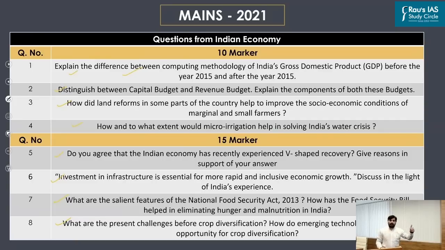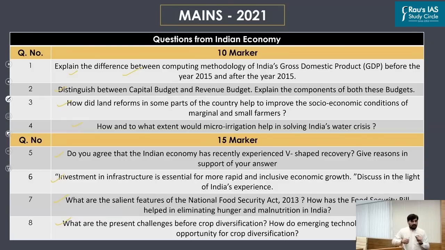Coming to the first type of questions, that is the questions which are directly asked from the core part of your syllabus, that is the syllabus mentioned in GS paper 3. See, when UPSC mentions the syllabus, UPSC mentions only the broad dimensions. UPSC never mentions the micro dimensions of the syllabus.